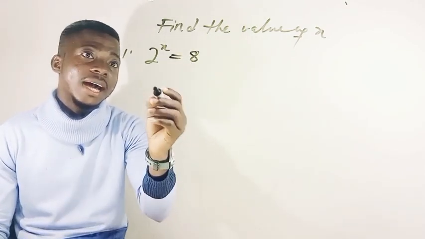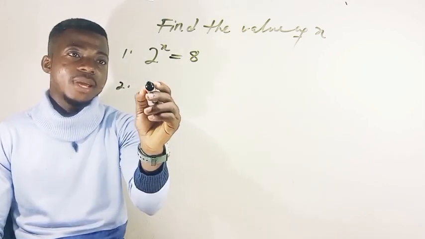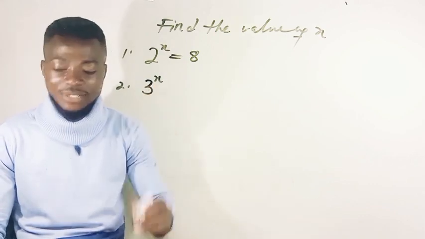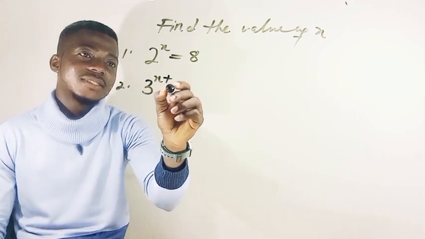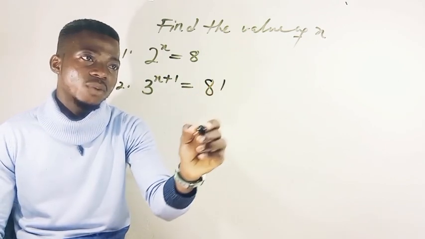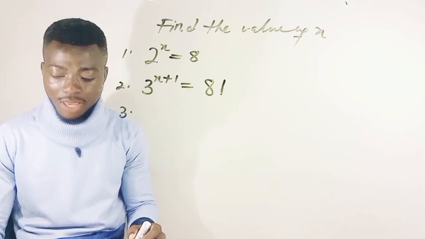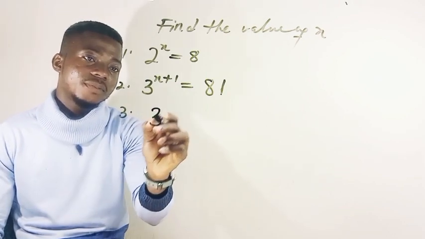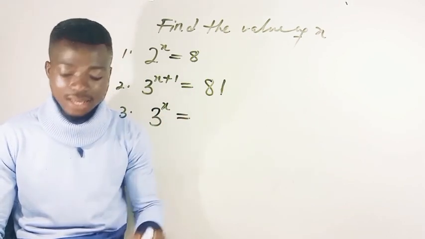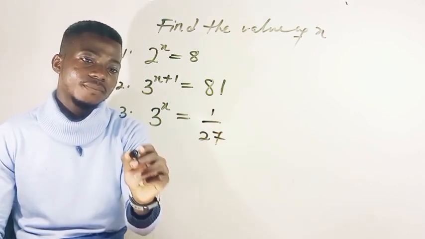Then another one, number 2: 3 exponent x plus 1 equal to 81. Then number 3, we have 3 exponent x equal to 1 over 27.